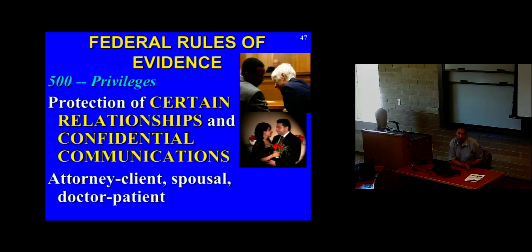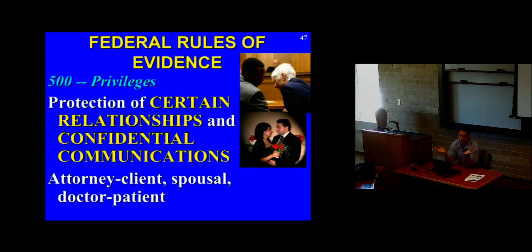The spousal privilege you can think of like the Fifth Amendment right against self-incrimination. And to the extent a marriage is a unit, the unit doesn't have to testify against one another. So what that means is if a testifying spouse does not want to testify, they don't have to. Now, if they do want to testify, they can.